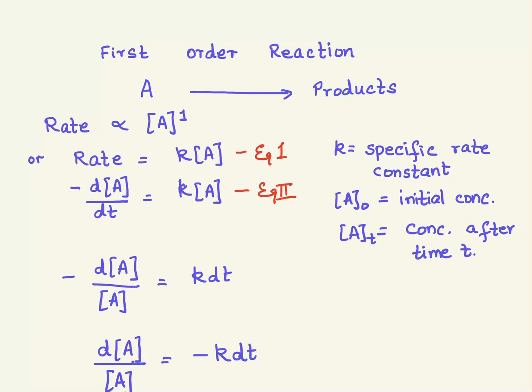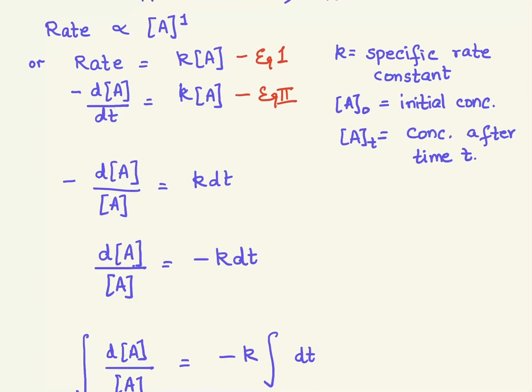So I will have from the first and the second equation minus d[A] by dt is equal to k[A], and now we interchange the position of the two of them. So minus d[A] by [A] is equal to k into dt. I will get rid of the minus sign by taking it to the right hand side, or if you say we just swap the two places, right?